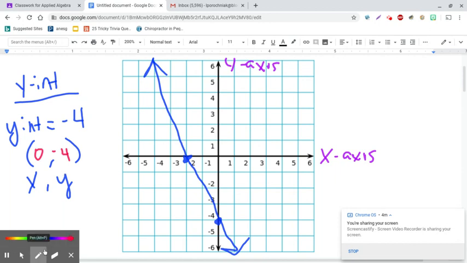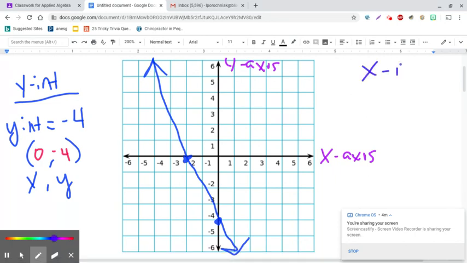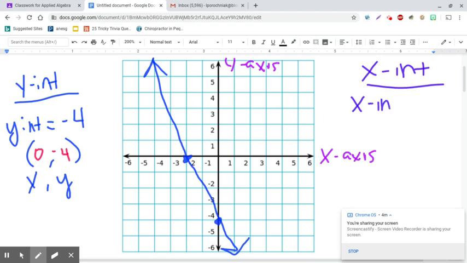Now I want to know, let's go to the x-intercept. Well, let's look. Where does this line cross the x-axis? Well, if we go, it crosses at a, right there, a -2. So we could either say x-intercept equals -2, or we could do it as x comma y, right?